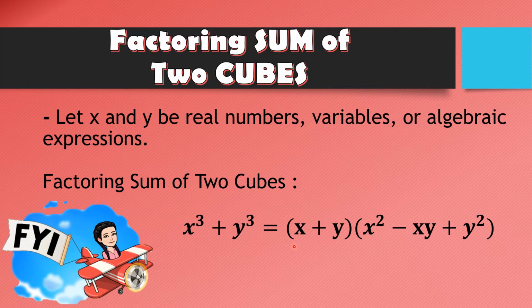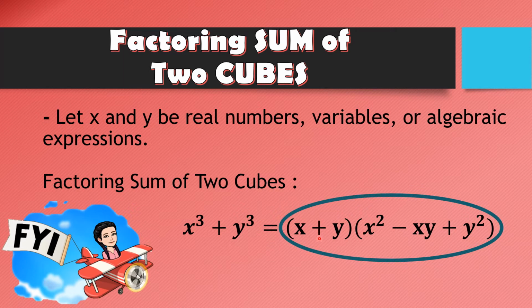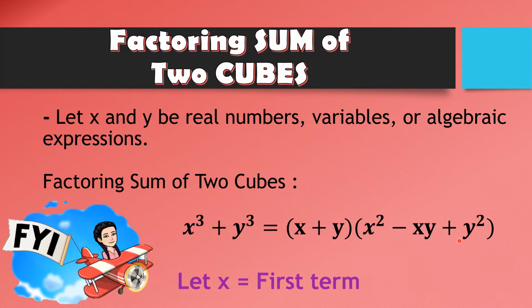Then, susundan lang natin ang pattern na ito. As you can see here, kailangan meron tayong 2 cubes, so, x cube and y cube, and then ang operation dapat nila ay addition. Kapag na-satisfy ito, pwede na natin gamitin ang pattern na ito. Itong pattern na ito ngayon ang magiging factored form ng ating sum of two cubes.